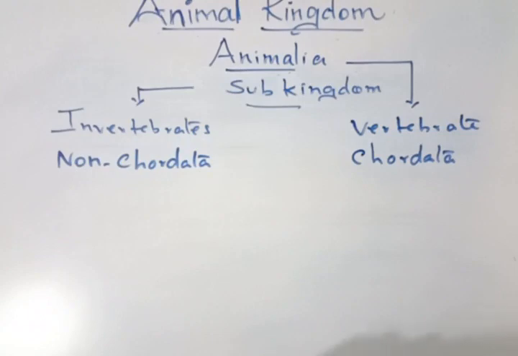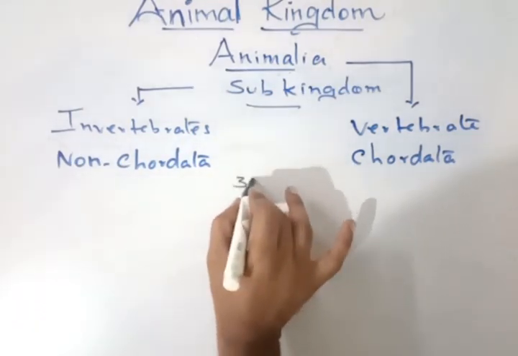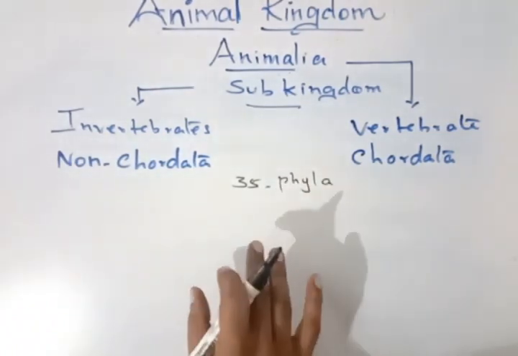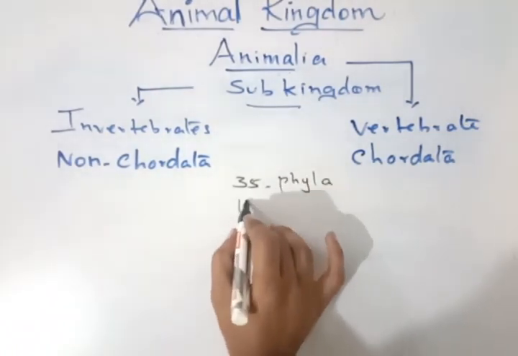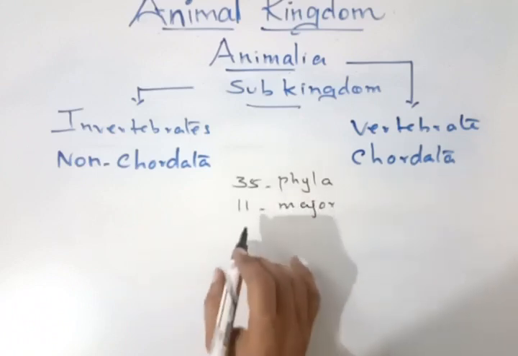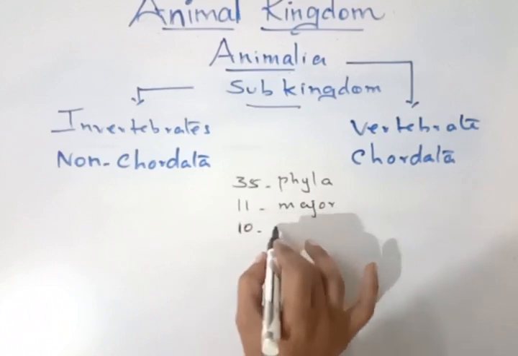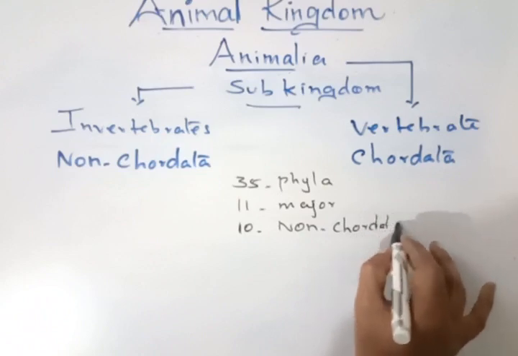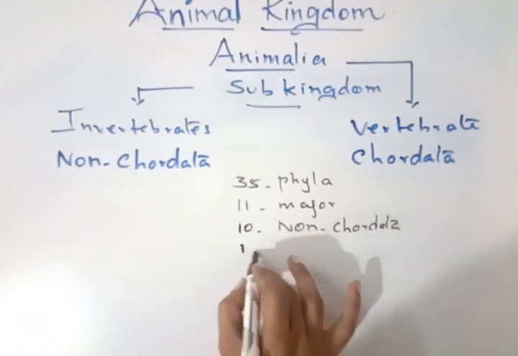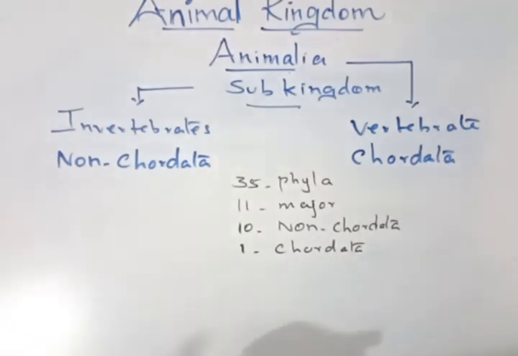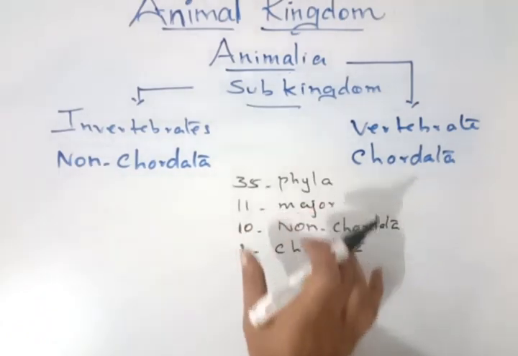Here we have 35 phyla. Among these 35 phyla, 11 phyla are major phyla. Among these 11, 10 phyla belong to the non-chordates, and only one phylum belongs to the chordata. Okay, so these are the important fundamental features.